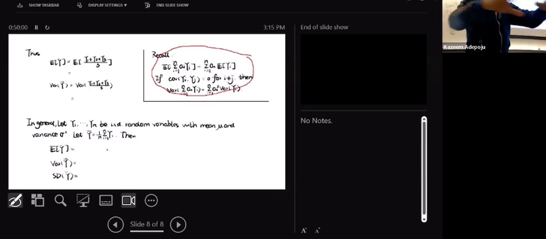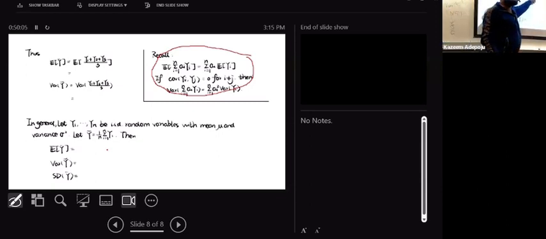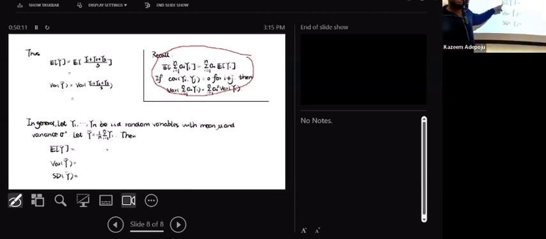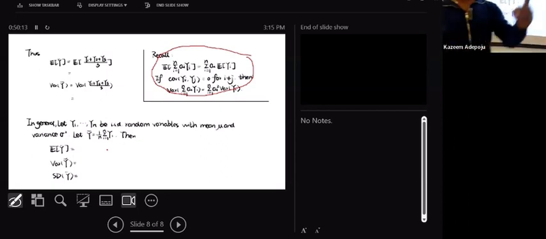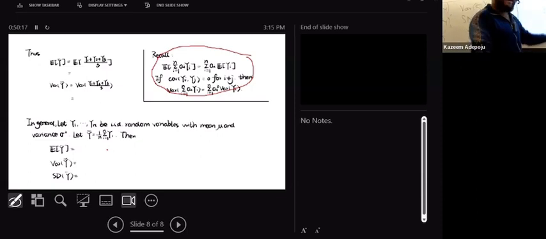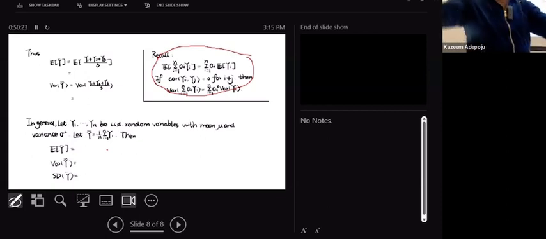You're all going to have different values for the mean. Because of that, the mean is a random variable. It varies. And when something varies, I can find the mean of the means. Expectation of y bar means mean of the means. The variance of y bar means you are interested in the variance for the y bar because y bar varies.